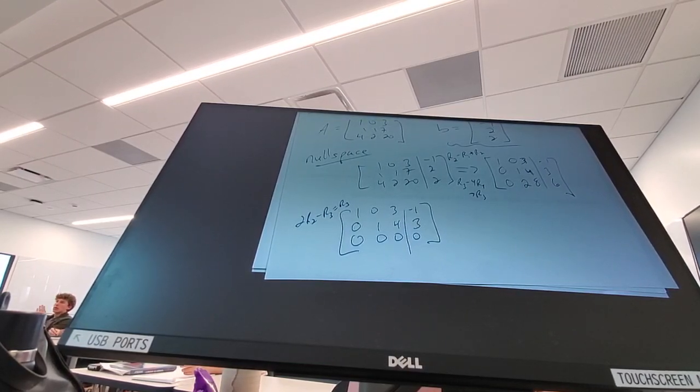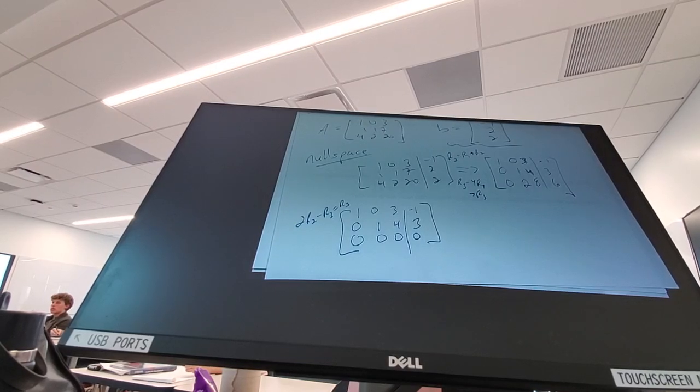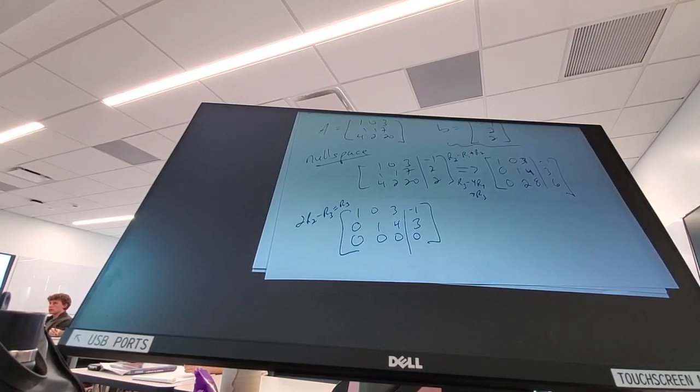Does that make sense? What does that mean equation-wise? 0 equals number. And that can't happen, yes?